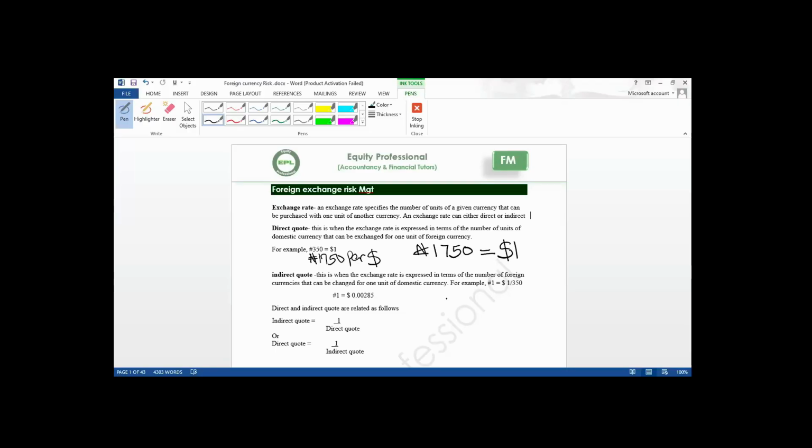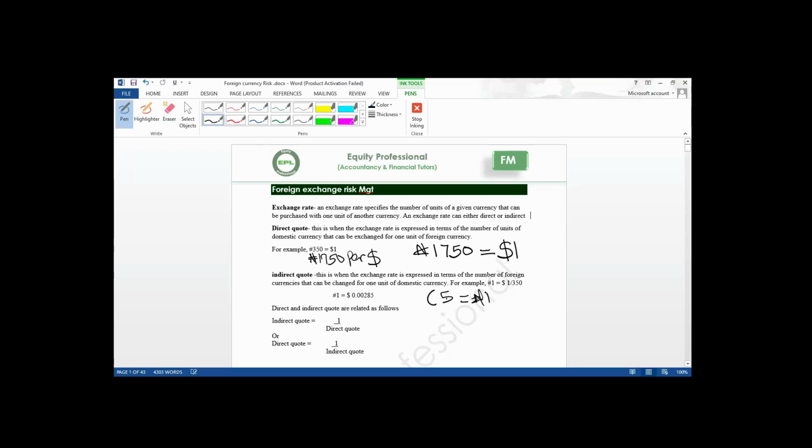For example, 5 cedis equal 1 naira. Cedis is foreign currency.